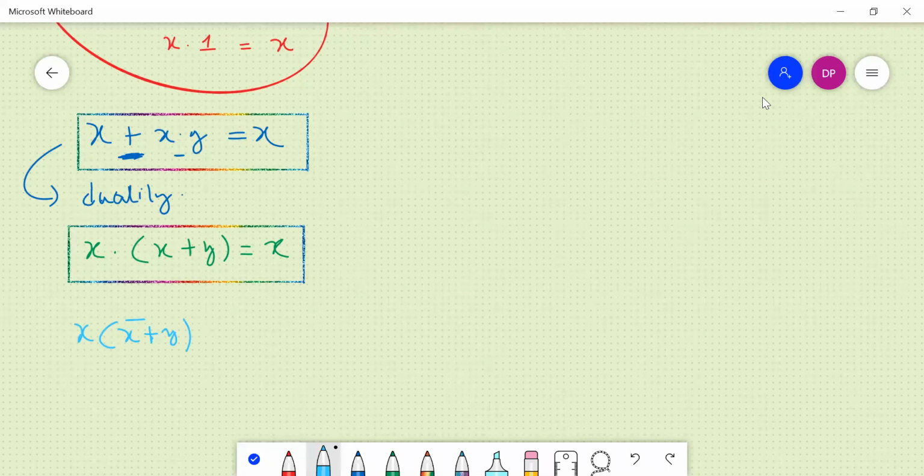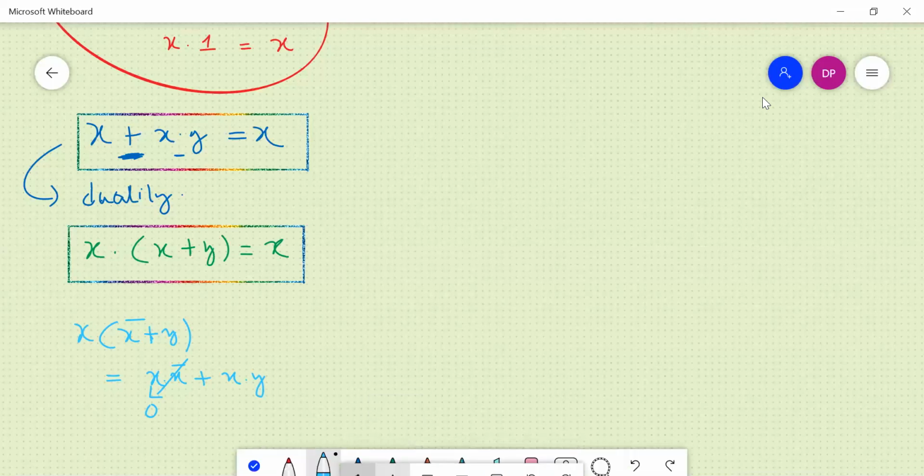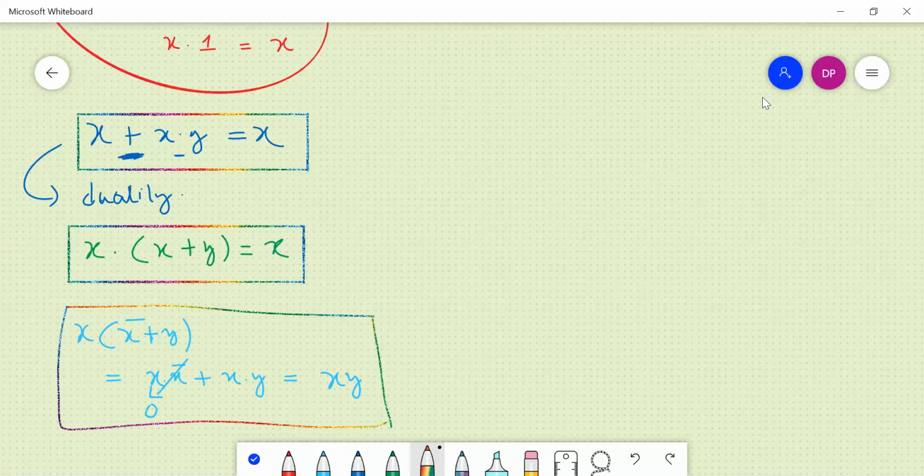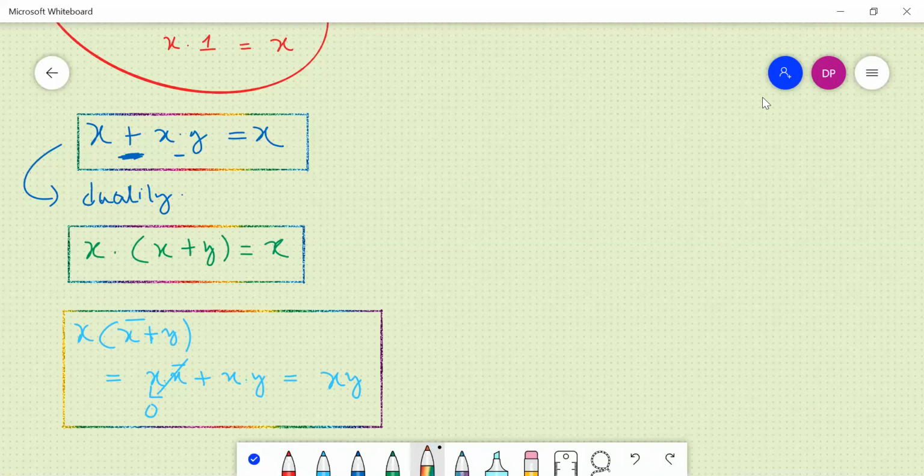So let's find its answer. This will be x and with x complement, or with x and with y. So x and with x complement, what will be the answer? 0. So this answer is 0. So what can we write? It will be xy. This also you have to remember. These rules we will be using from time to time, right?